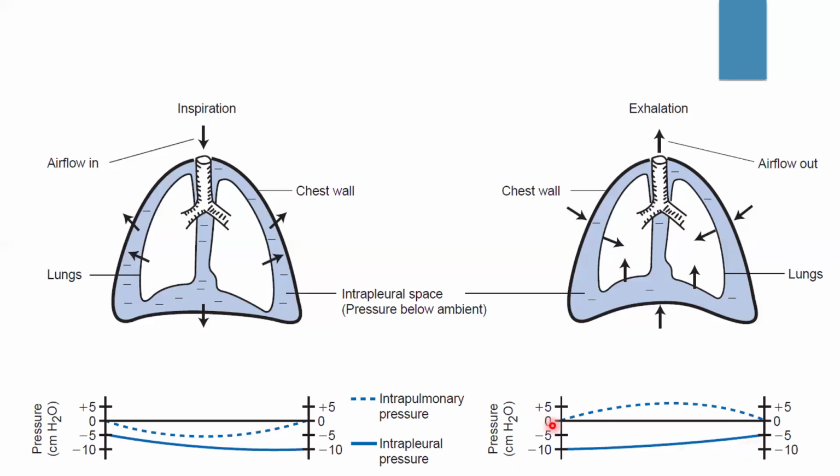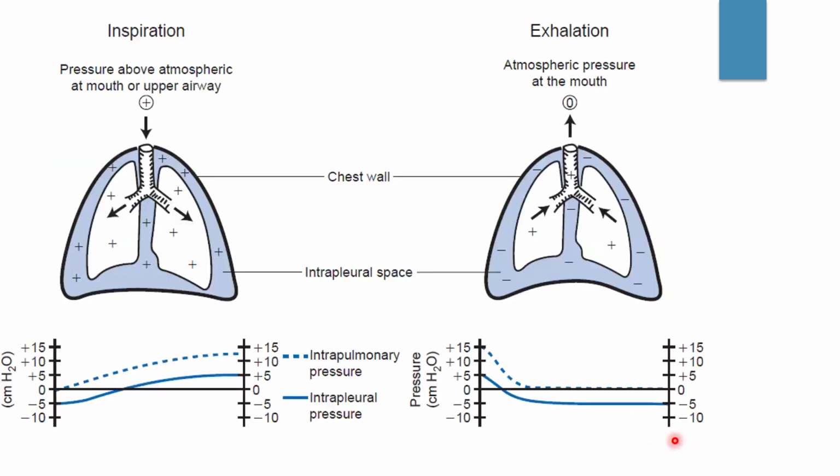The lung and the alveoli are already filled, and this relaxation of the diaphragm compresses the lungs, and there will be an increase in pressure inside the alveoli. The intrapulmonary pressure becomes positive during expiration, and we know the airway pressure is 0. So again a gradient is created, now in the opposite direction. So expiration happens and the air is moving out. This is what is happening in spontaneous respiration.